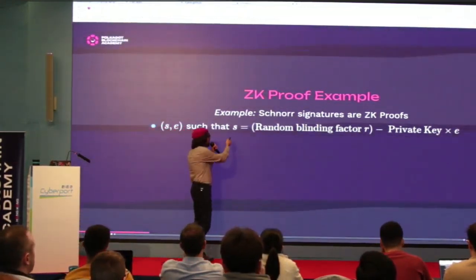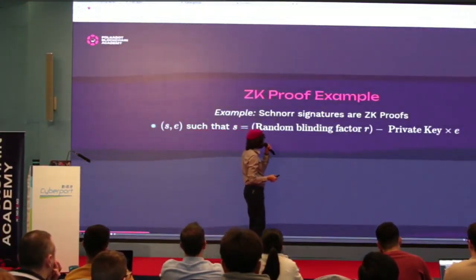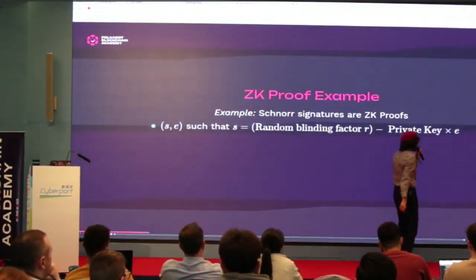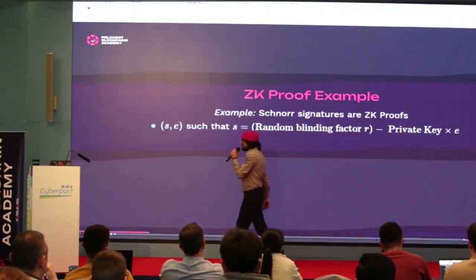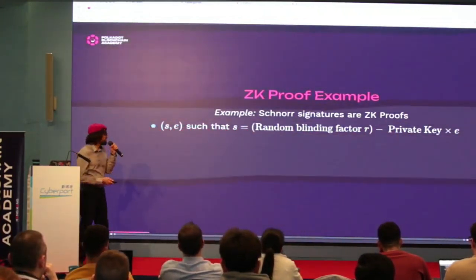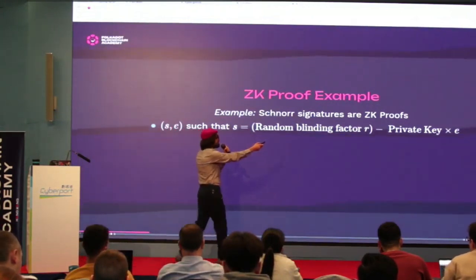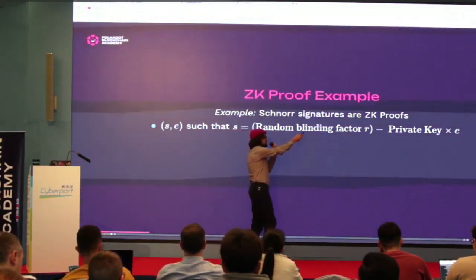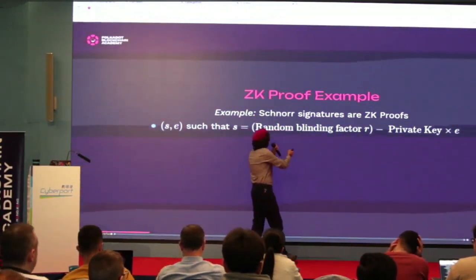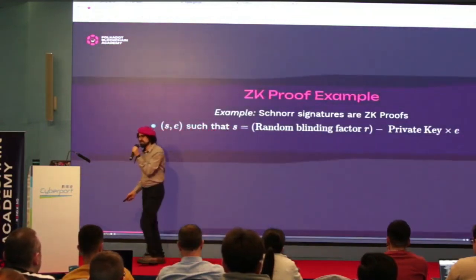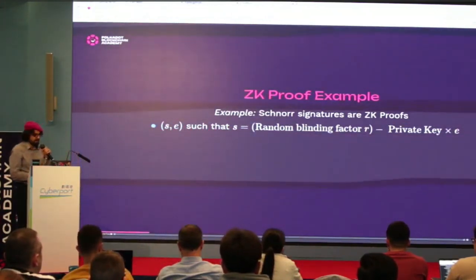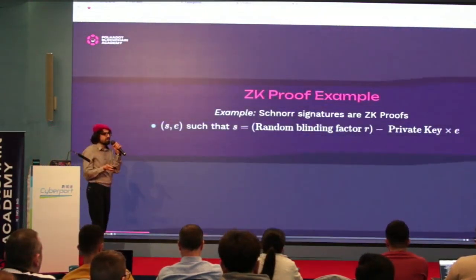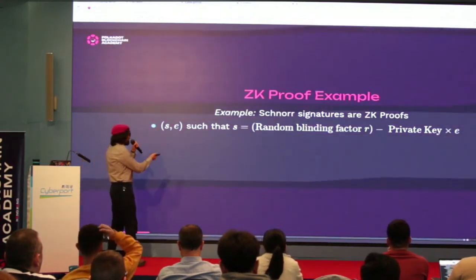And you want to prove that this statement is true: S equals some blinding factor R minus the private key times another number E. Schnorr proofs are ZK proofs because you want to prove that you know a private key that you put in this statement, and actually you also know R, you don't reveal R. You know a private key and R that you put in this statement, and this equality holds. So when you sign with Schnorr, you prove that you know your private key without the other party finding out what your private key is.